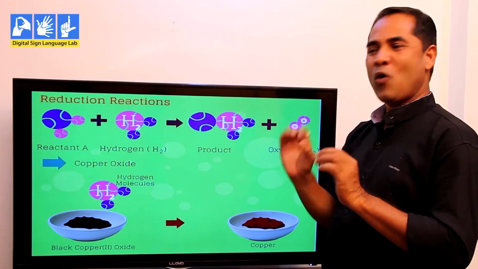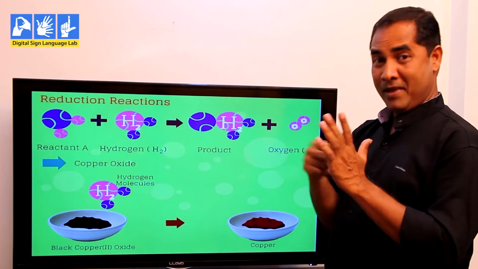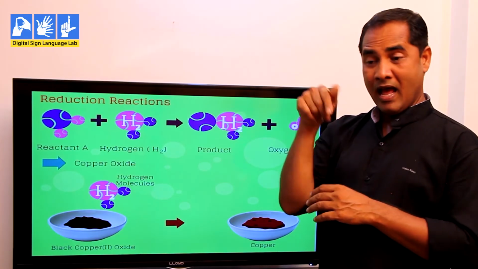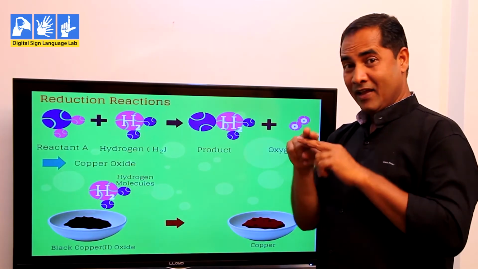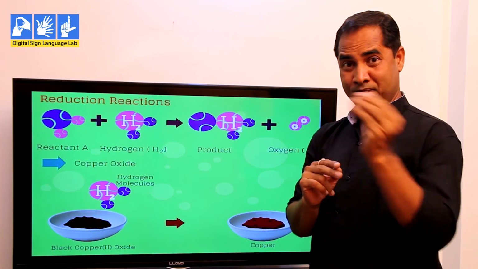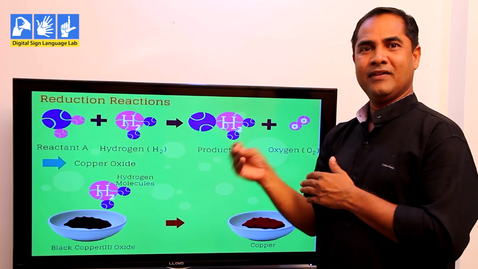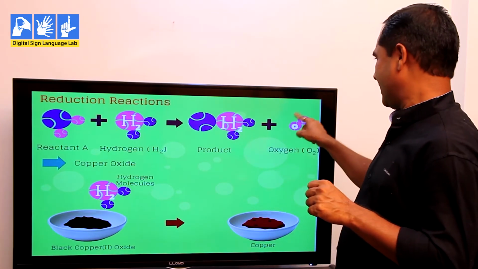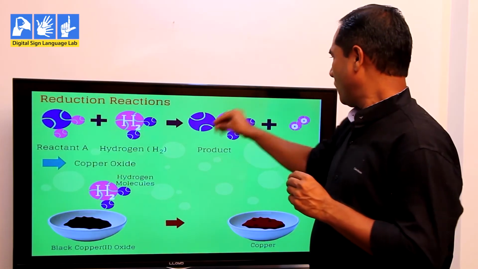The oxygen would be removed. So in oxidation reaction, oxygen is added, and in reduction reaction, oxygen is removed. So that's why these two are opposite reactions.